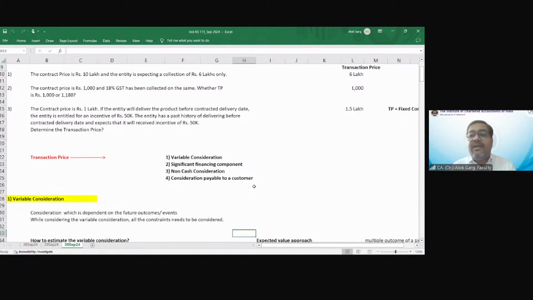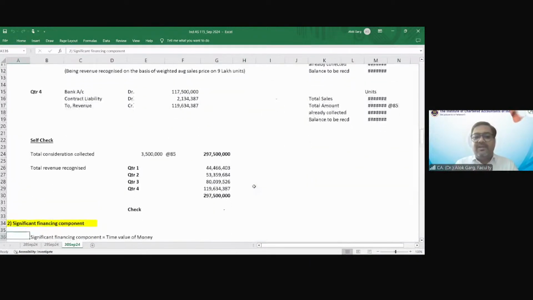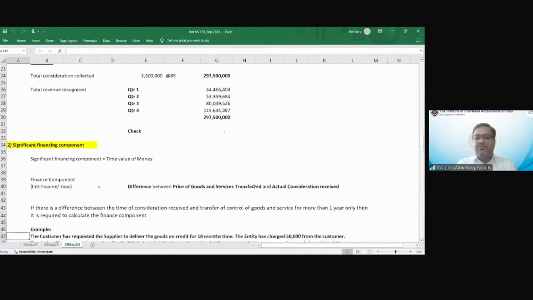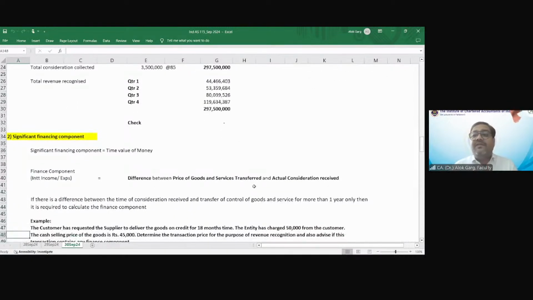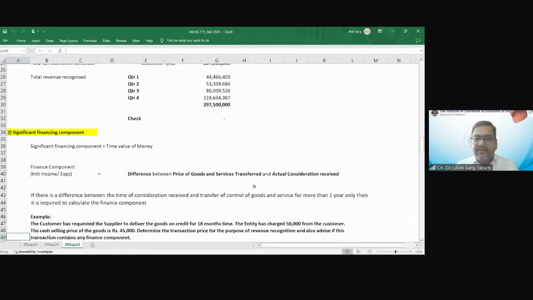But why are we not computing the significant financing component in this case? Because the time period is less than 1 year. So the standard says that if the time period is less than 1 year, in that case, you are not supposed to compute significant financing component. Okay. Is that clear? Is that clear?